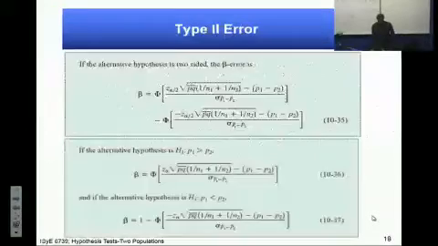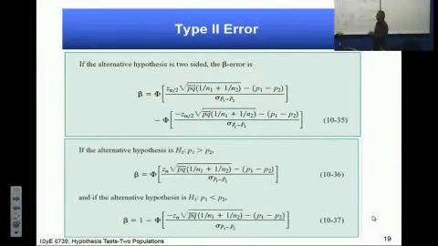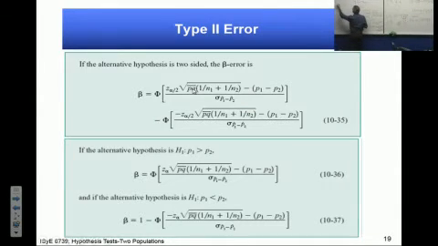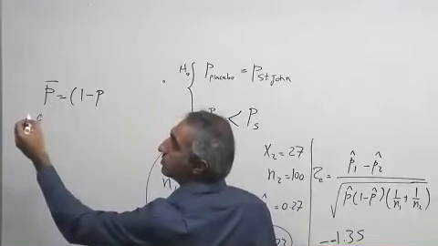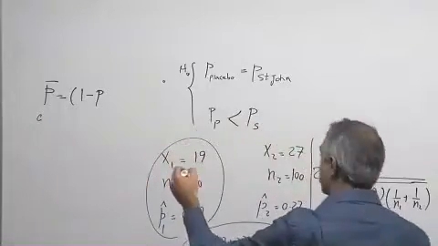Okay. So let's see how to calculate beta error for this case. I won't go through the details. The equations are given. Just one thing: this P bar Q bar.